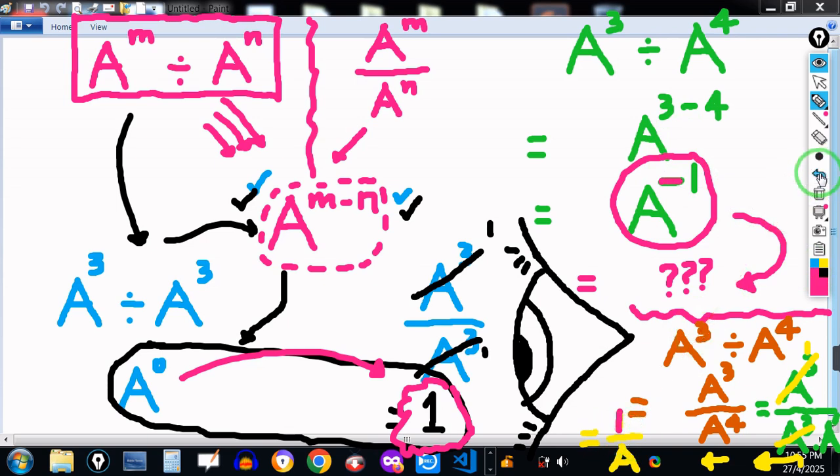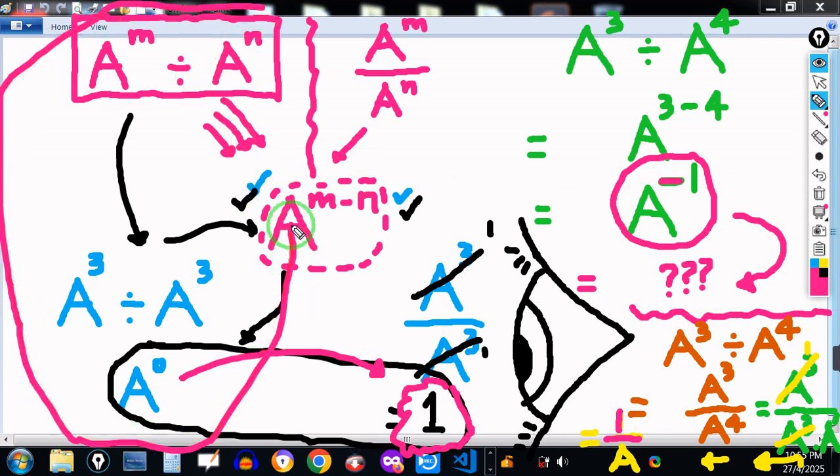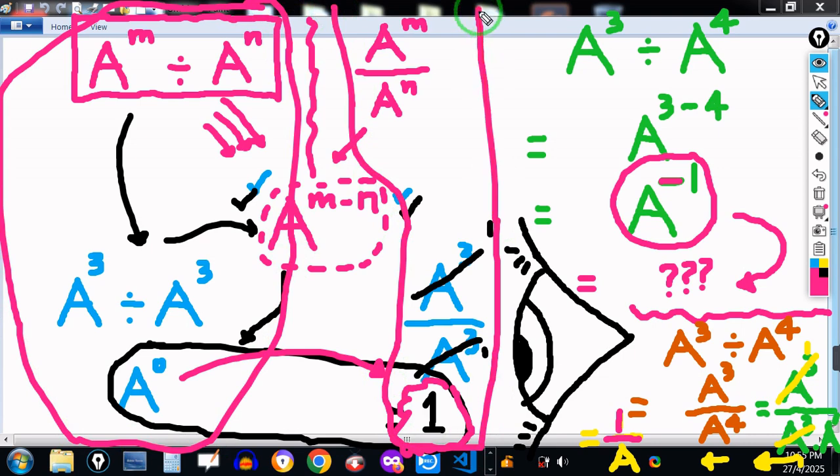Now we have proven it. Are we sure? Yes, we are. It's like this. We did on the left hand side, we came to this answer. We did on the right hand side, we came to this answer. Then we equated the two.